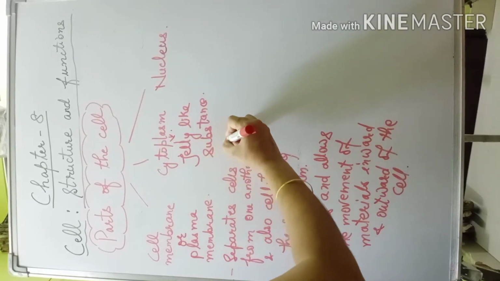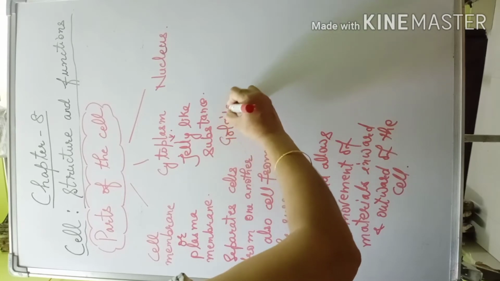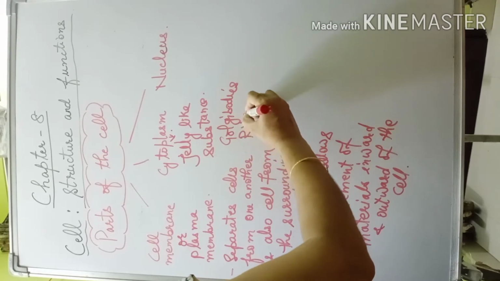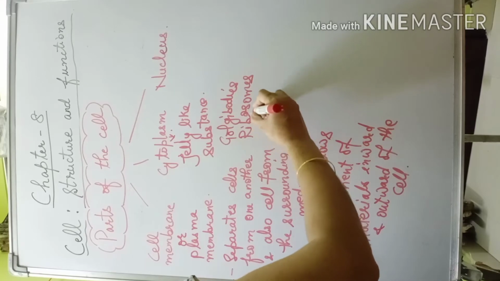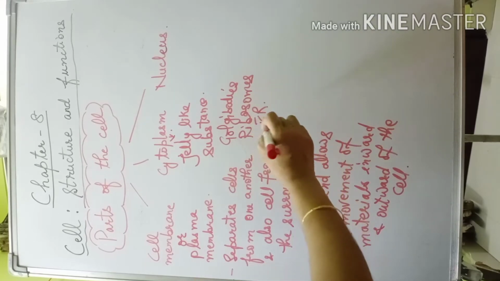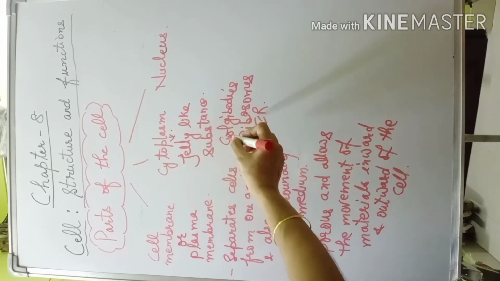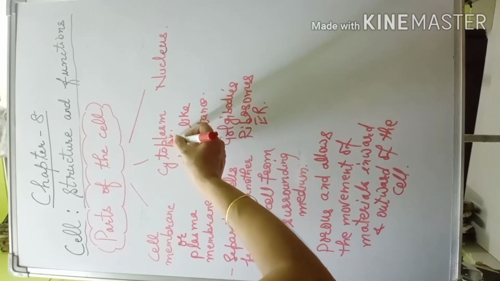Various cell organelles such as Golgi bodies, ribosomes, endoplasmic reticulum, etc. are present in the cytoplasm. Mitochondria are also organelles which are present in the cytoplasm.